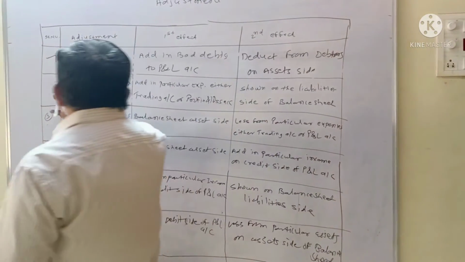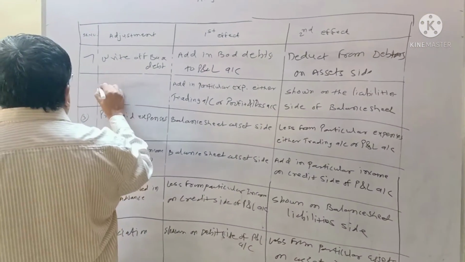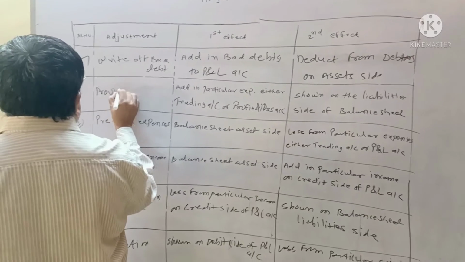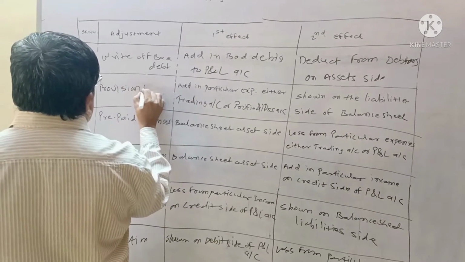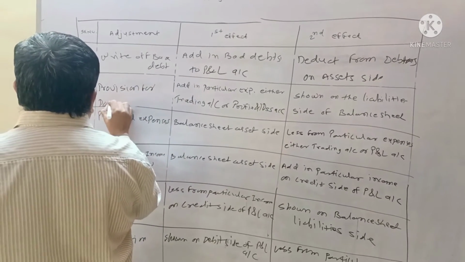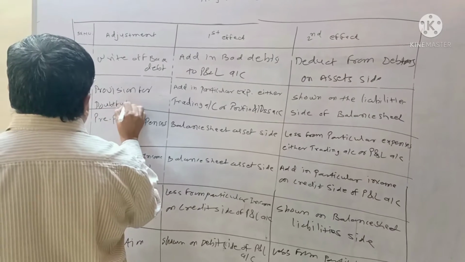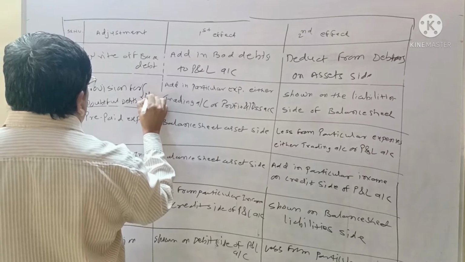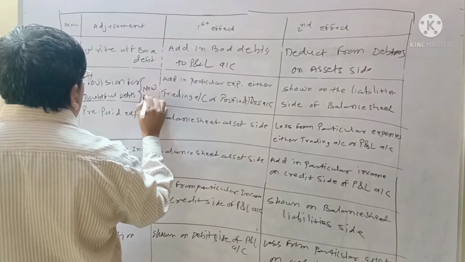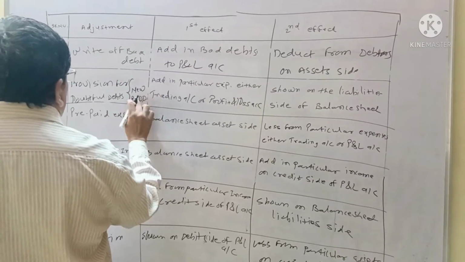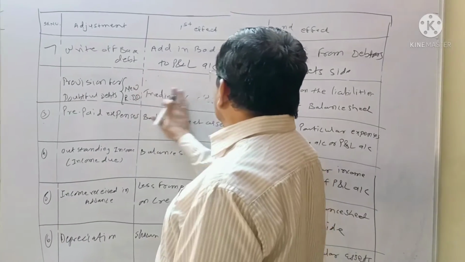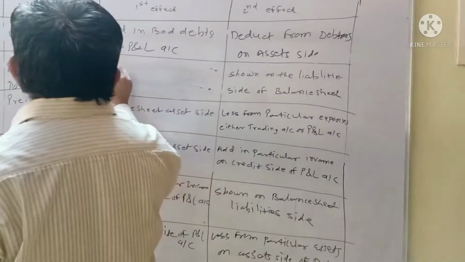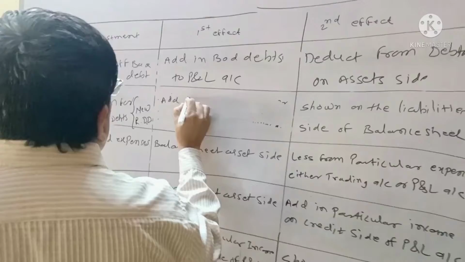Then provision for doubtful debts, in short form known as new RDD. Add it to bad debts.